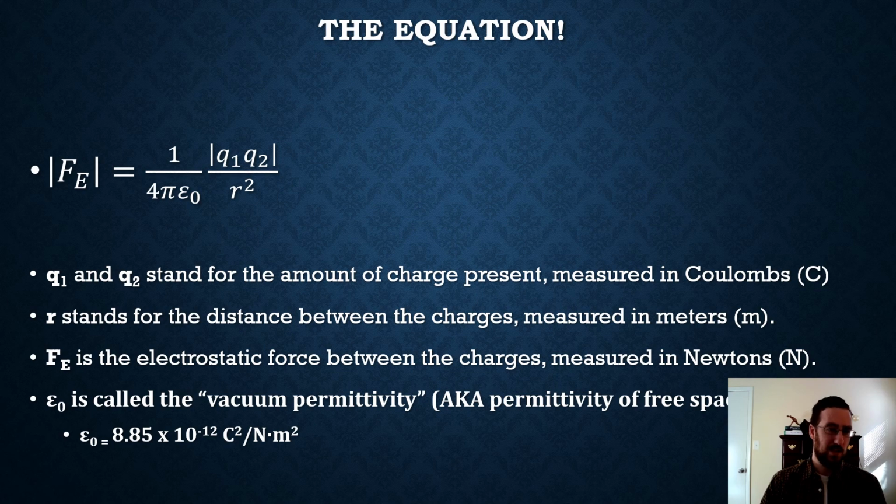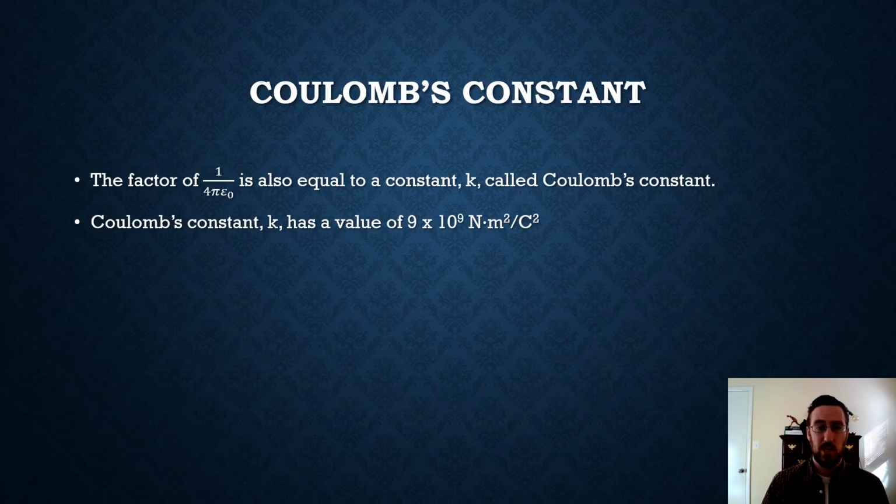And then this thing right here stands for the vacuum permittivity. It's also called permittivity of free space, depending on the source of the information you're looking at. It has a value of 8.85 times 10 to the negative 12th coulomb squared per newton meter squared. So this is a whole bunch of constants right here, 4 times pi times epsilon. That combination, 1 over 4 pi epsilon naught, is also called Coulomb's constant.